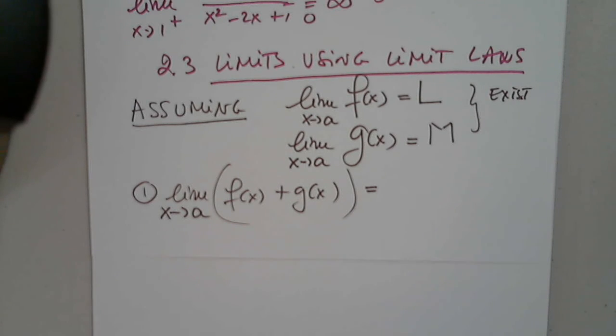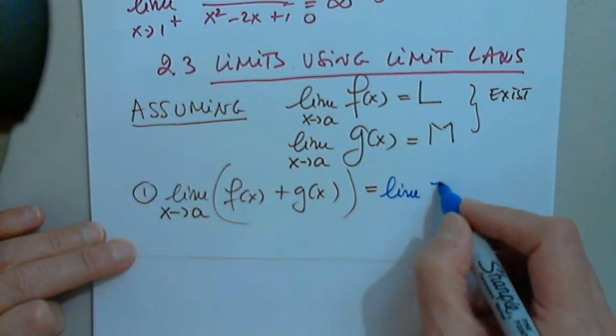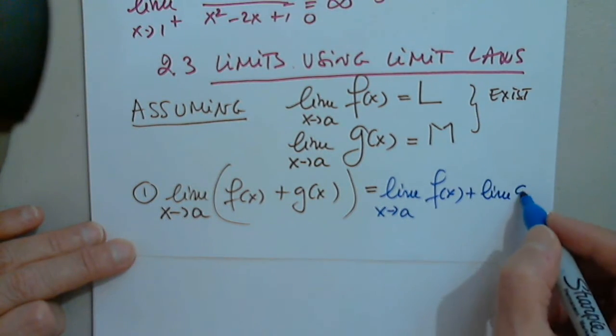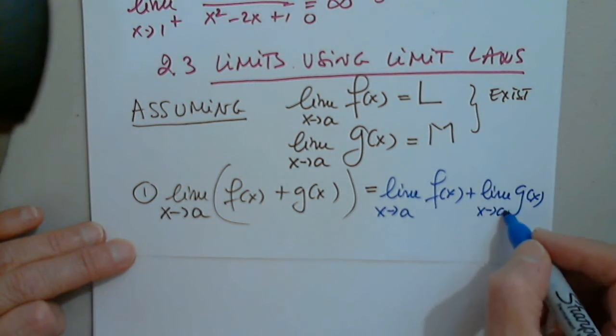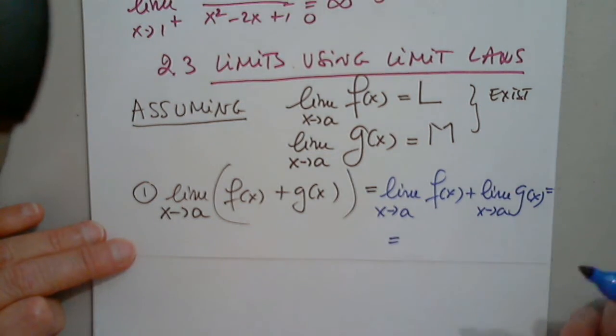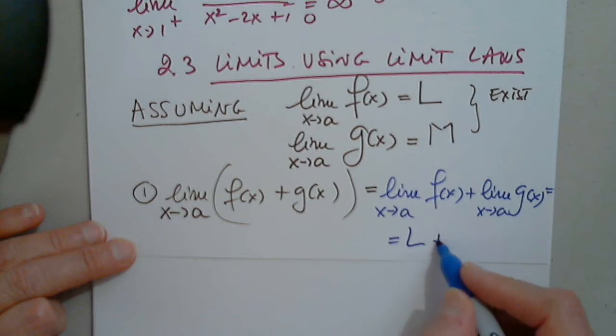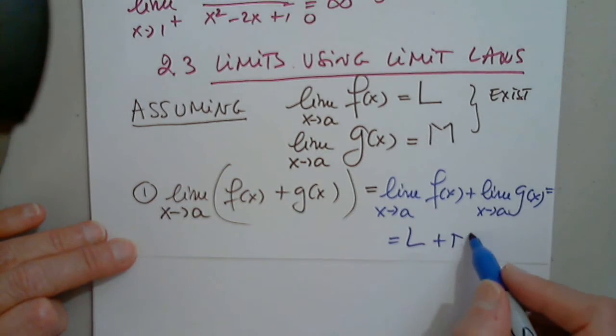It looks like it, but we are not distributing the limit operator. So do not say distribute. So this is limit of f of x as x approaches a plus limit of g of x as x approaches a, and what is the first limit? And what is the second limit? M.